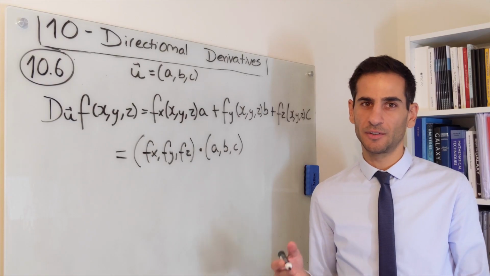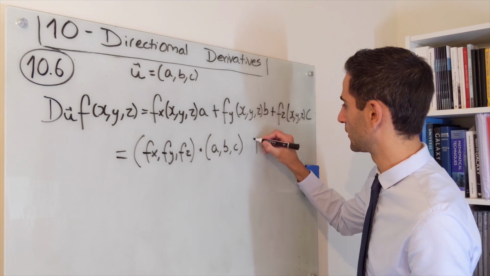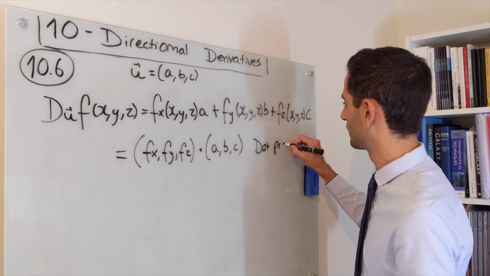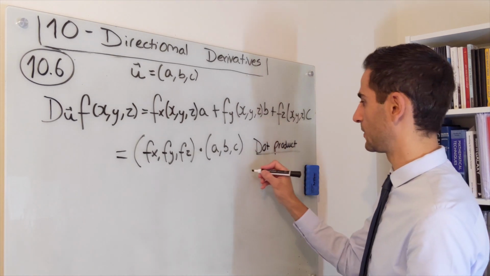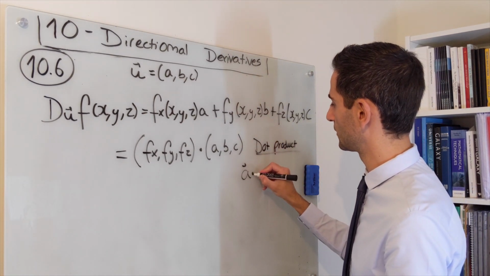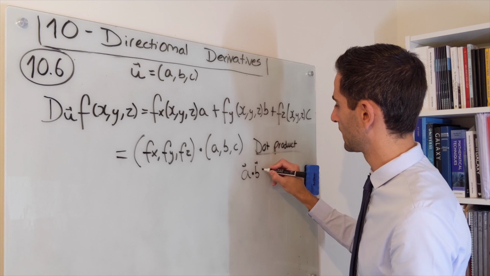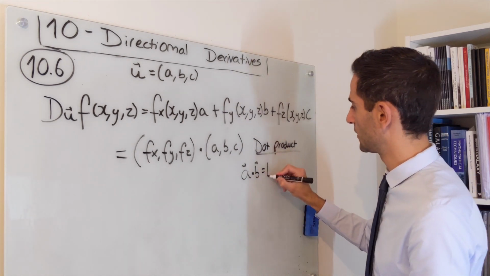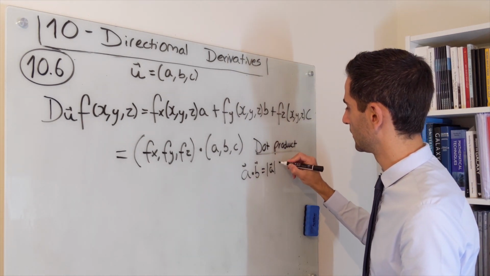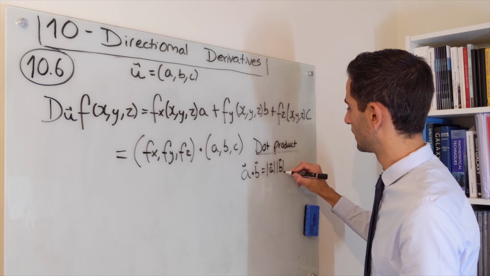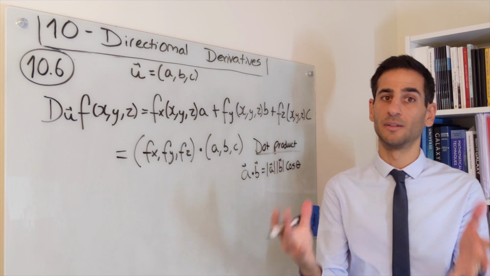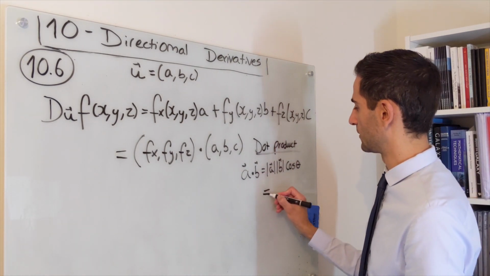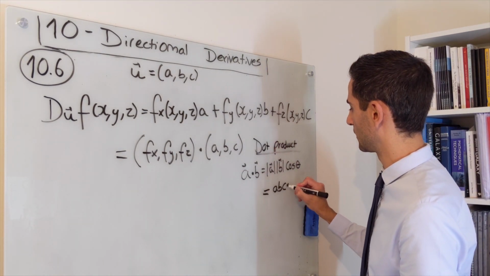If you don't know or don't remember the dot product, the way to calculate it is that the dot product of two vectors is the same as the modulus or magnitude of each, times the cos of the angle between them. The other way to write this is simply as |a||b| cos theta.